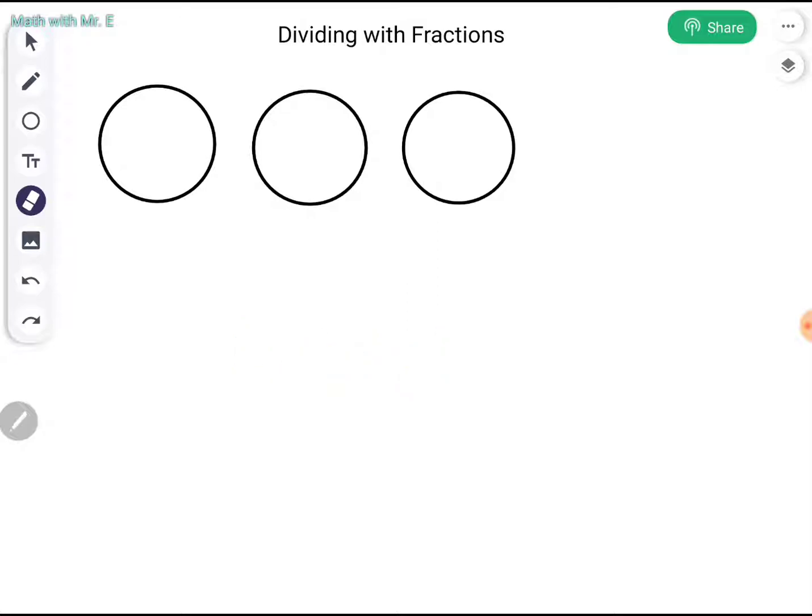So if we think about that while doing a division problem with fractions, let's do 3 divided by 1/8. Now we're asking the question, how many eighths, 1/8, go into 3? If we were to break each of these wholes, each of these ones, into eighths, so let's do that here as best as we can.